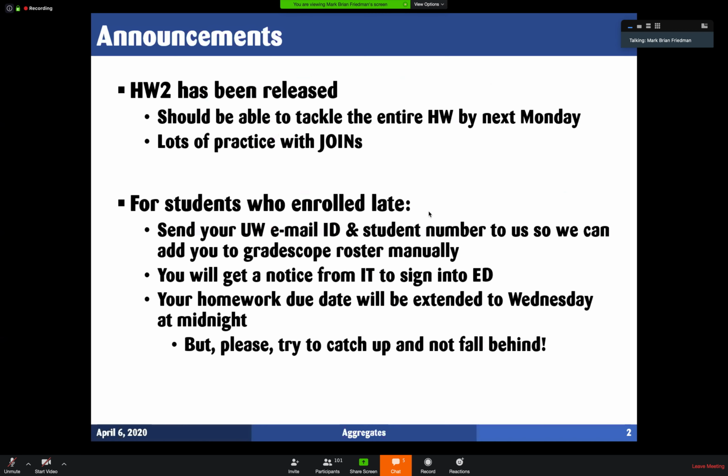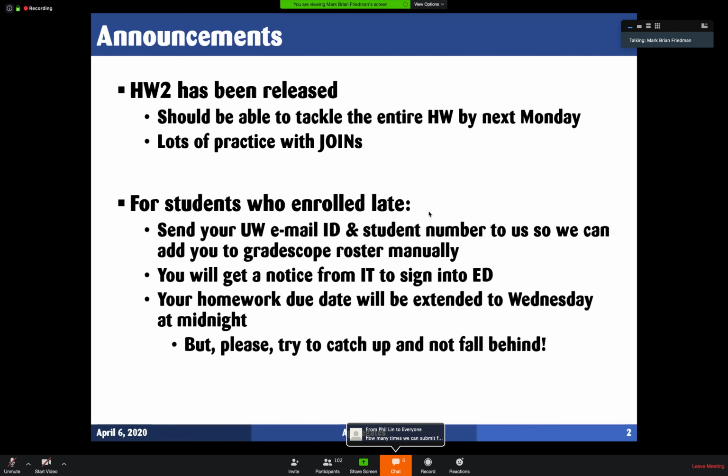Just a few announcements for students who enrolled late, because we loosened up the enrollment. I think we added about 10 or 12. I'm not exactly sure of the correct number, but what happens is you get enrolled, but you're not enrolled automatically into Gradescope. We've been doing that manually, and we need your UW email. Not everybody uses UW email. They often use their own private Gmail, which is fine.